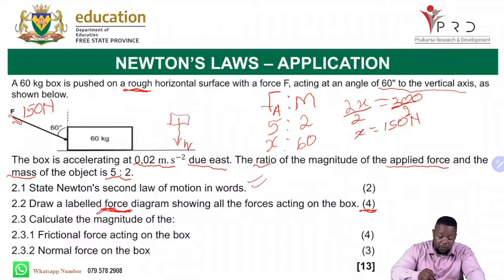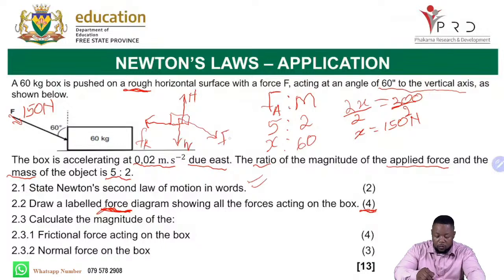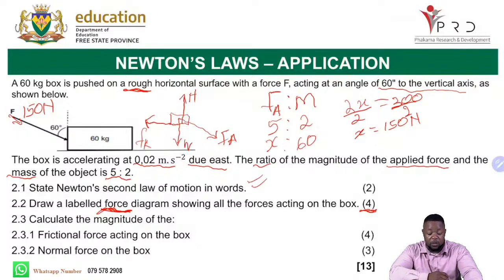Then we have the normal force, which is exerted by the surface. Then we also have a frictional force, also coming from the surface, so that will be our Fk. And then we'll also have the applied force, as we see from the diagram there. That would be a representation of the 4 forces that the examiner is expecting.